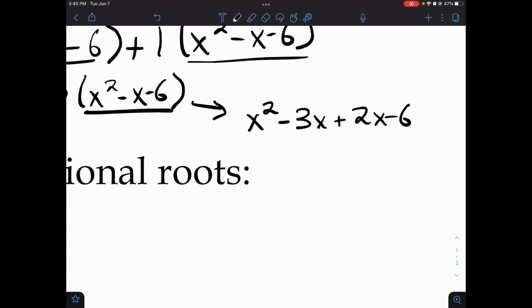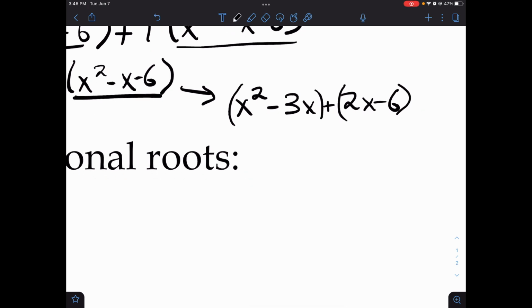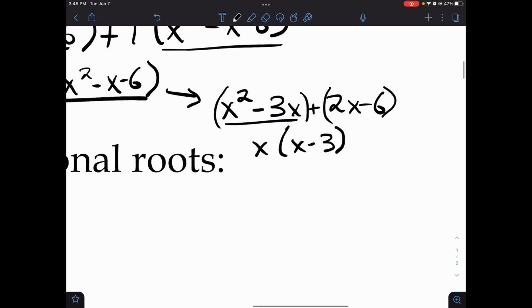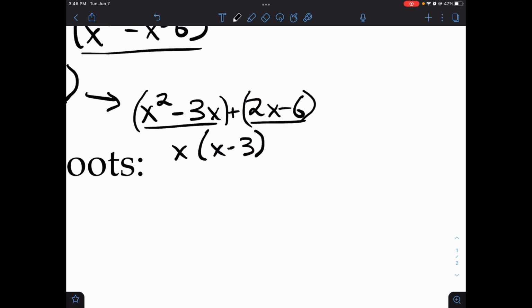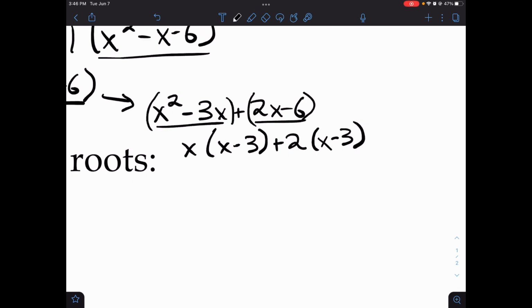So now we take out the greatest common factor. These are our two groups. From the first group we get an x, and then we get x minus 3. The greatest common factor from the second group is plus 2, and we get x minus 3. So now we have it all factored out.